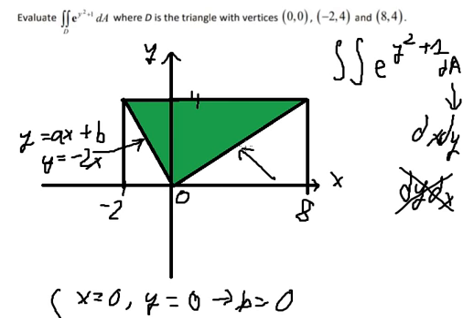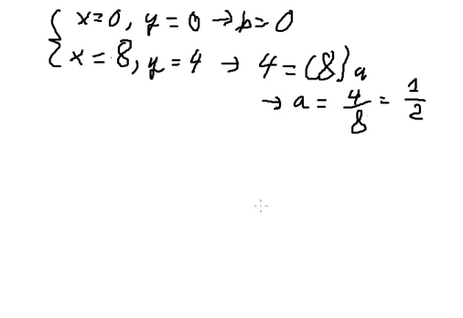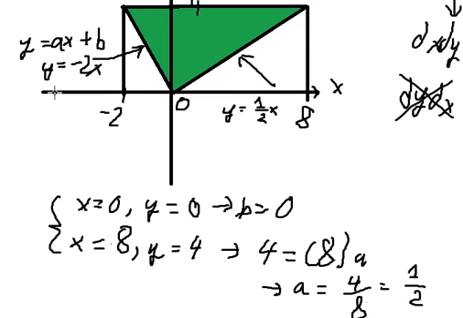So the formula of the second line in here, that's y equals 1 over 2x. So we just found the formula of the lines in here.